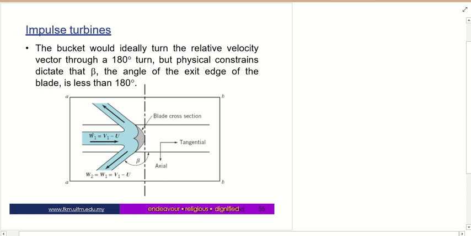We have relative velocity w1 equal to absolute velocity minus u, which is the speed, u equal to omega r. And this is the bucket, and then we will have the deflection at this beta angle.